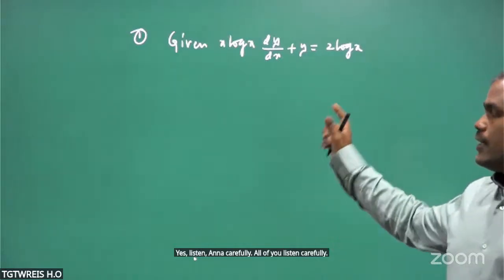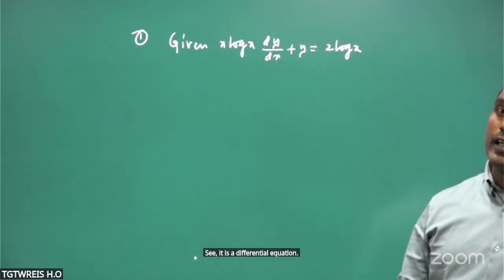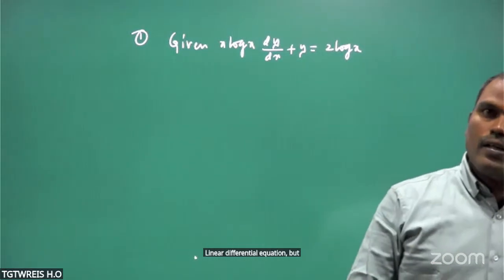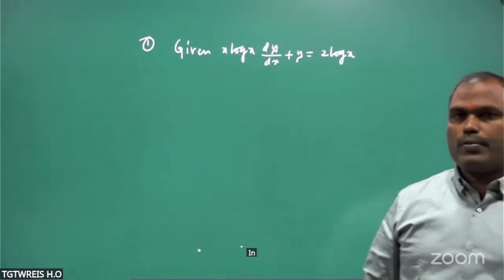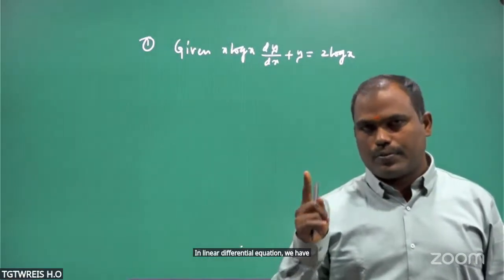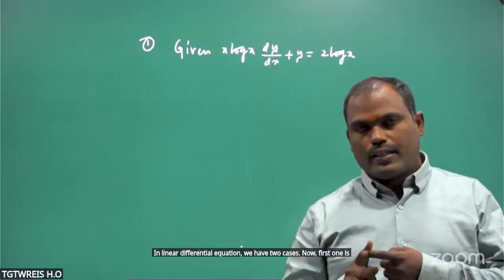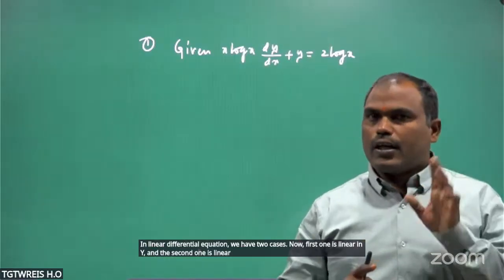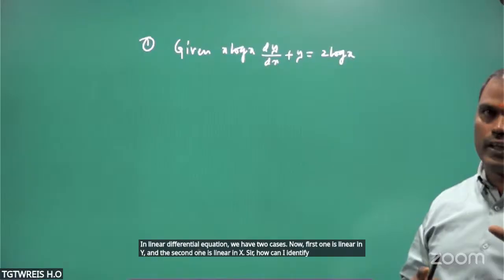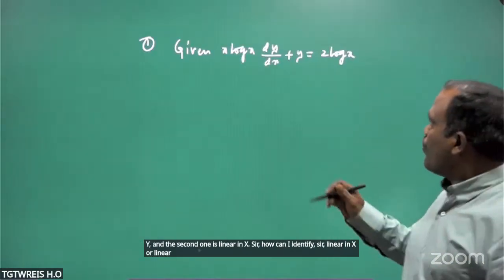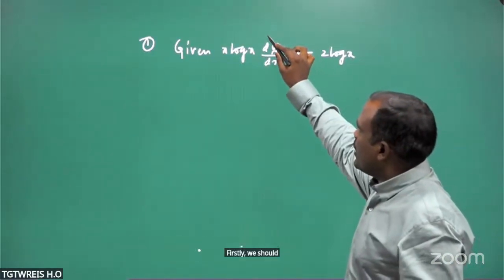See here, it is a linear differential equation, but in linear differential equations we have two cases: first linear in y and second linear in x. How can I identify linear in x or linear in y? First we should observe dy by dx.